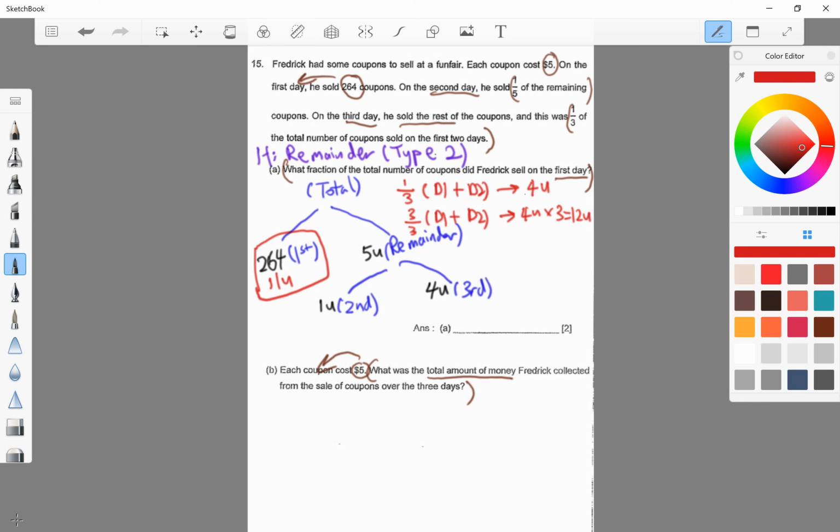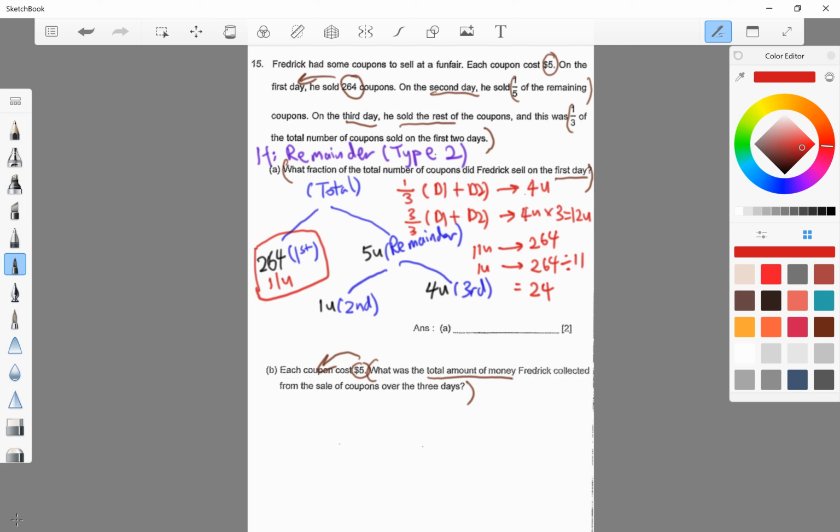So if I have this 11 units, I will group 11 units with the 264, and thereafter I will find 1 unit, and that will be 264 divided by 11, and I'm hoping to get a nice number for 1 unit. So 264 divided by 11, I work it out and I managed to obtain 24. So this is a very good sign that I'm actually on the right track. I'm heading in the correct direction.